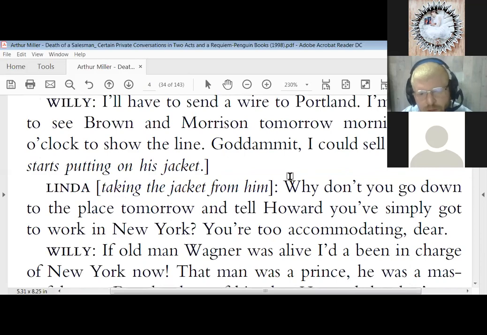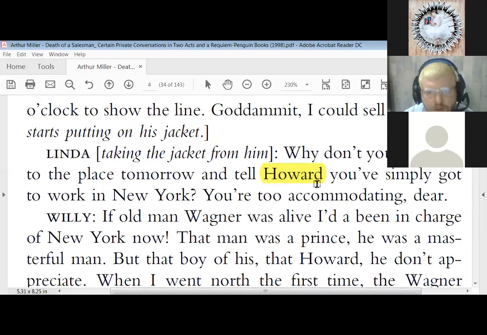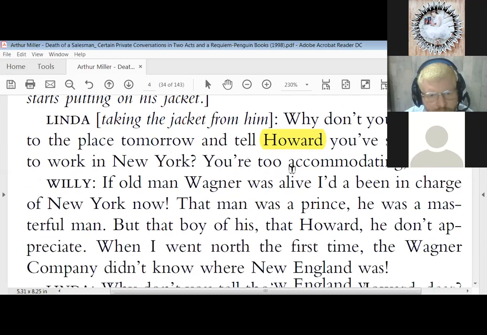And she says to him, why don't you go down to the place tomorrow and tell Howard, okay, you simply got to work in New York. You are too accommodating, dear. Okay. So what she is saying to him, you have to go to the company, and now the man who's running the company is called Howard Wagner.